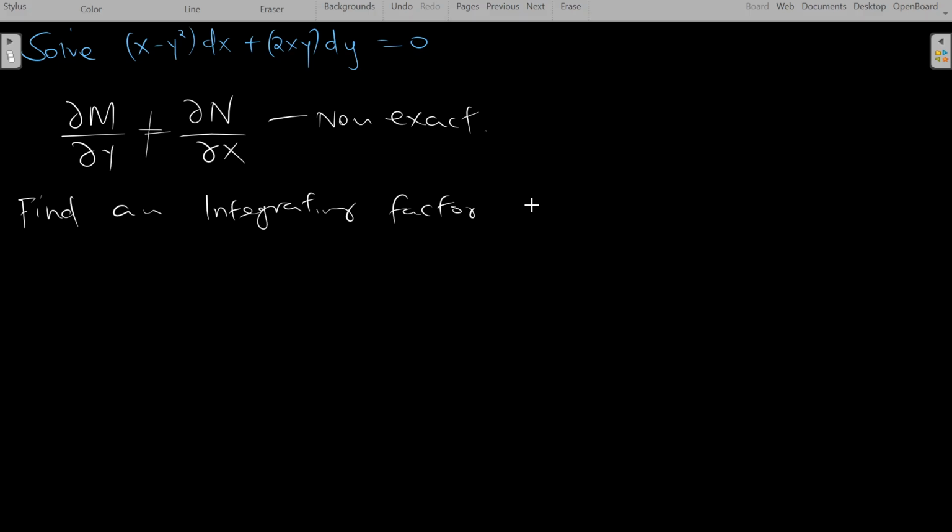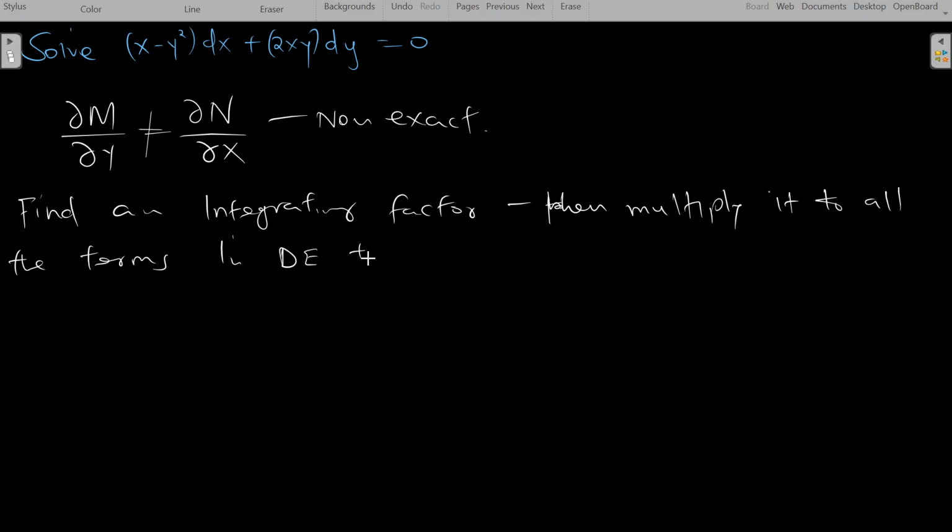So find the integrating factor, then multiply it through all the terms in the differential equation to make it exact.